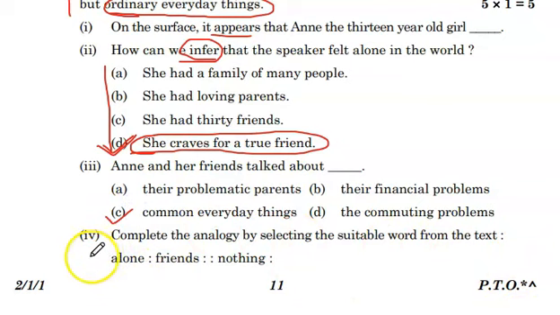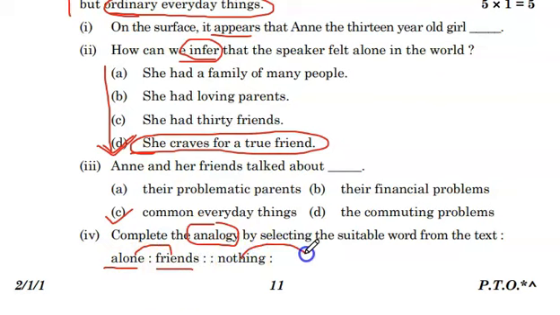Now, let us see question number 4. Complete the analogy. Analogy means comparison. Complete the analogy by selecting the suitable word from the text. Alone, friends. So here alone and friends are opposite to each other. Alone means single, friends means in company.